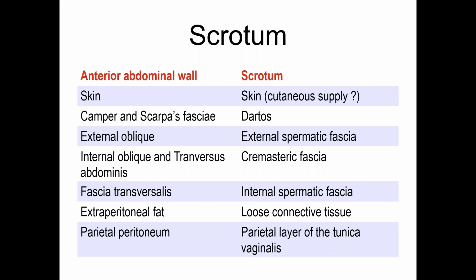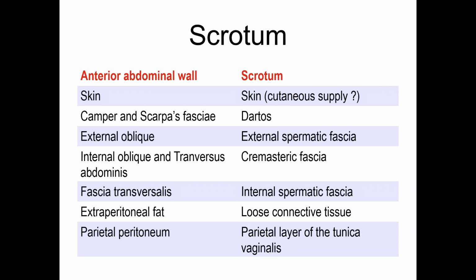So here we are equating the anterior abdominal wall and the scrotum. The skin of the anterior abdominal wall is equivalent to the skin of the scrotum. What is peculiar about the cutaneous supply of the skin of the scrotum is that the anterior one-third is supplied by lumbar plexus root value L1.